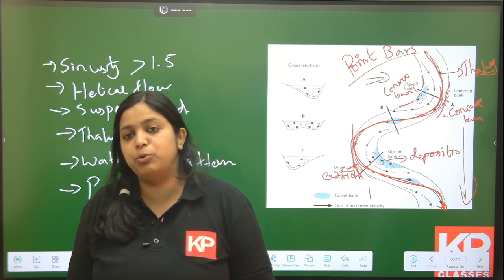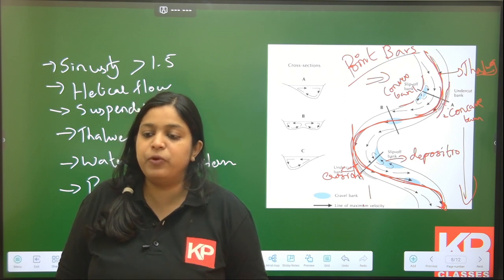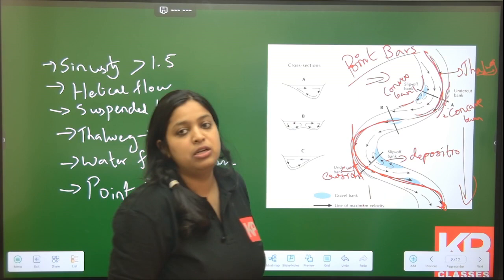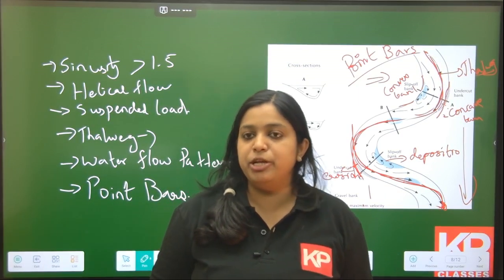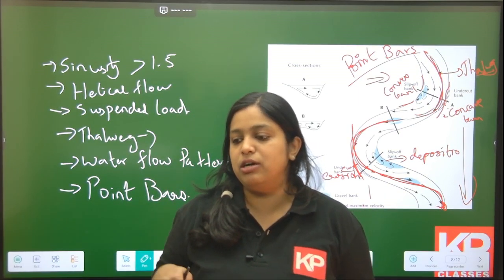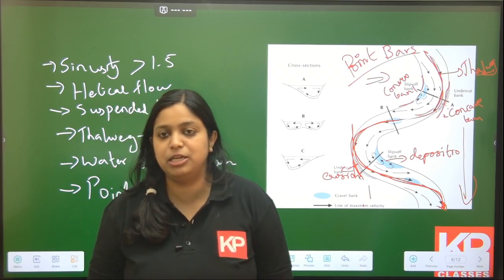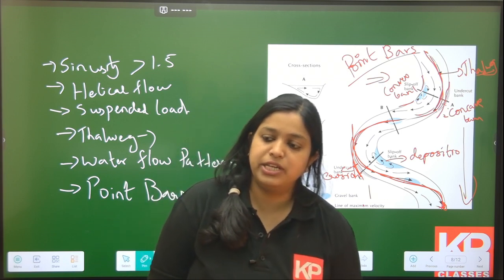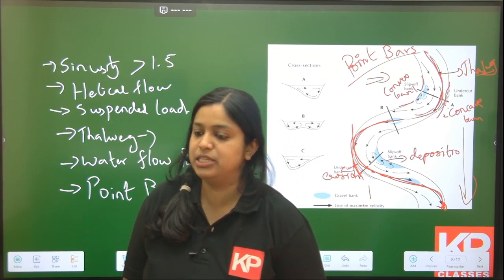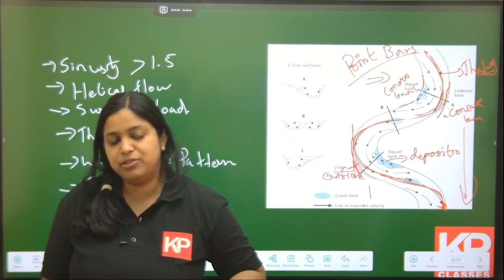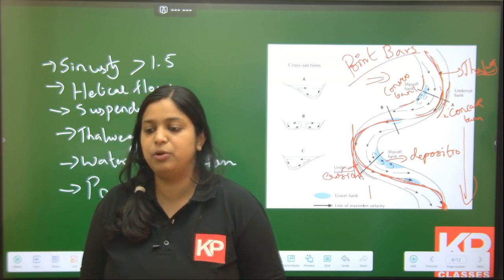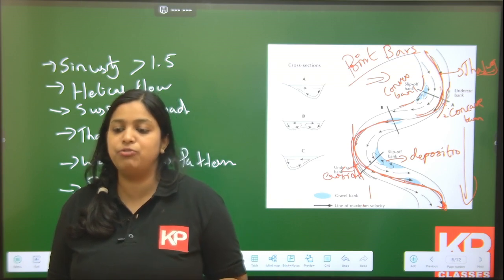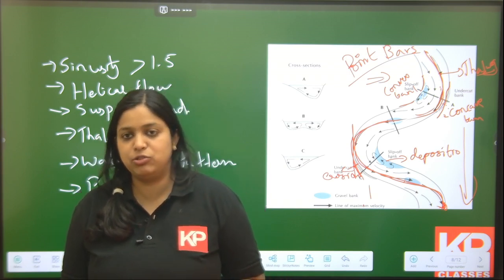This higher downstream momentum will prevent significant cross channel movement of water, and this will cause formation of alternating bars over there.